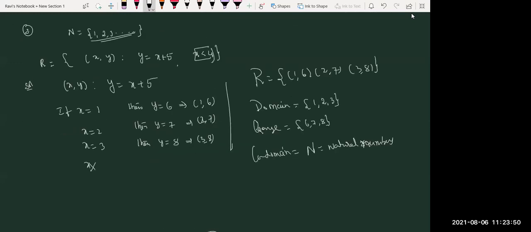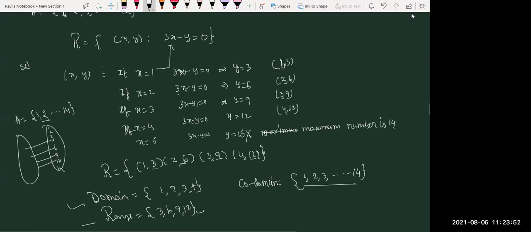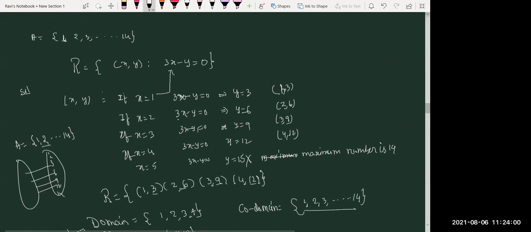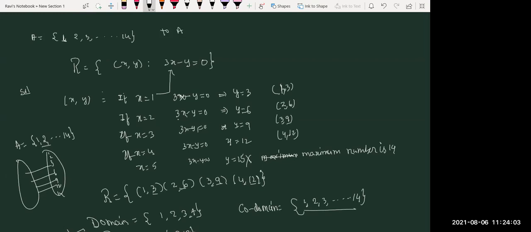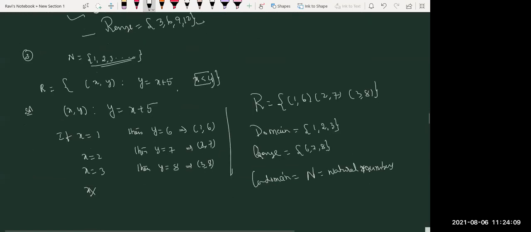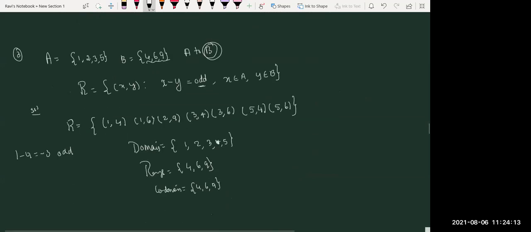The second question had only one set, and even the first question had only one set, 1 to 14, right? Those are relations on A to the same set A. Here also the relation is from N to N. But in this third question, the relation is from A to B, and the B set is the codomain. Understand? Yes, sir.